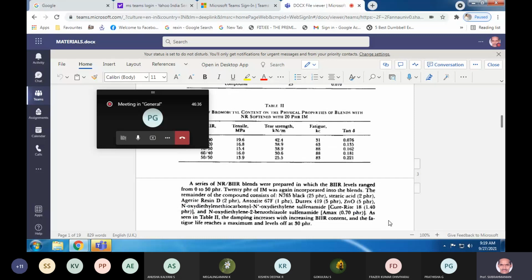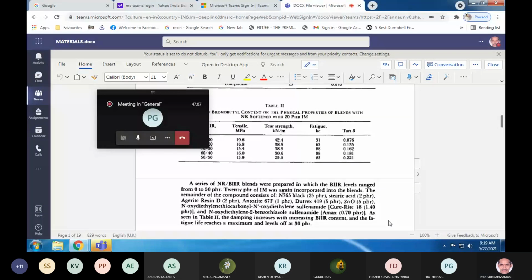What about the other components of this blend that are described in the paragraph? Yes, N765 is SRF, semi-reinforcing furnace black, stearic acid, and you have two protective agents.